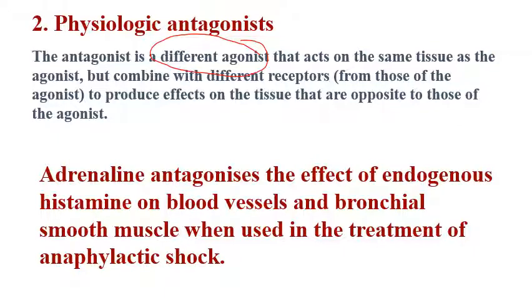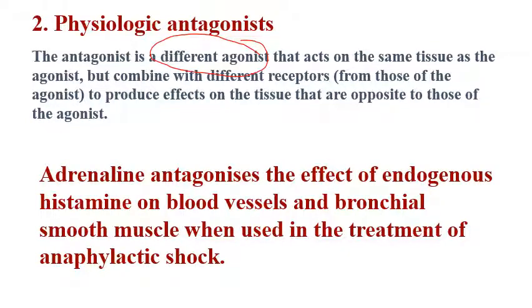So anaphylactic shock is a clinical situation or deterioration due to the excessive release of histamine from mast cells due to allergy or something that produces allergic responses in the body. This will cause an excessive release of histamine inside the body.